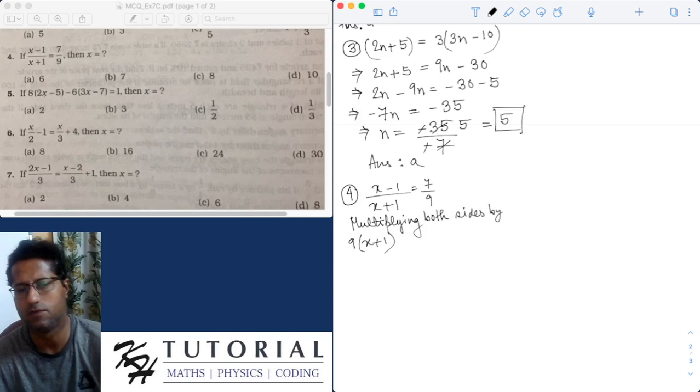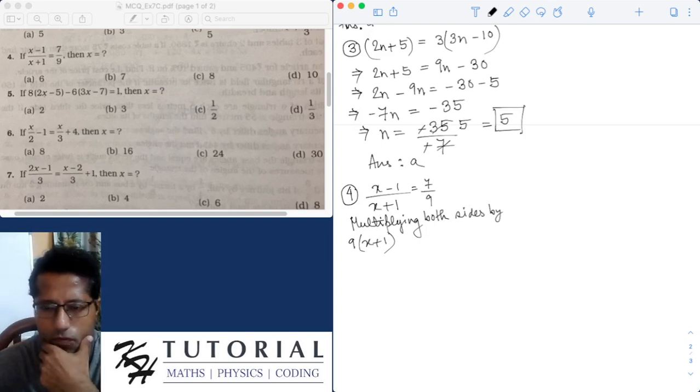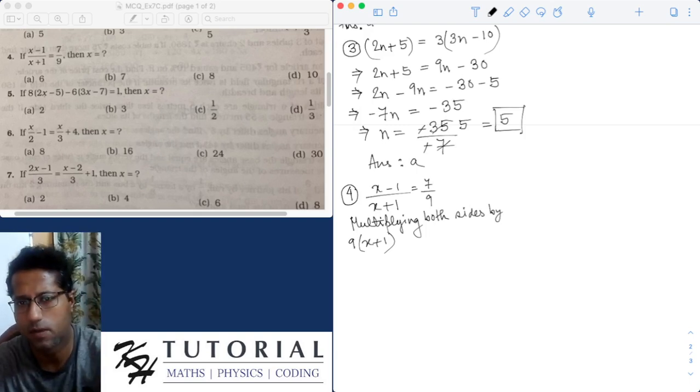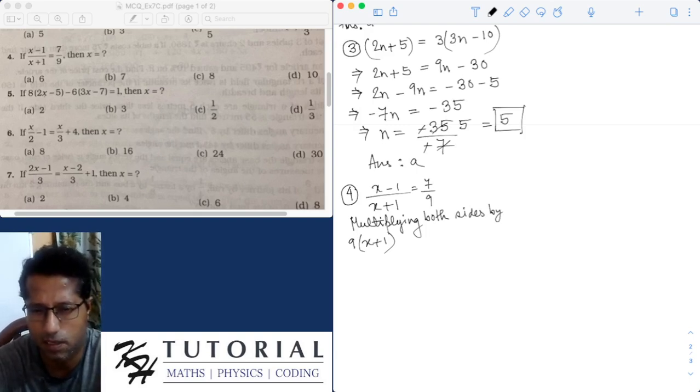If we do this, then we will not have any fraction or rational terms. Now we can ask, how can we multiply both sides by 9 into (x plus 1)?